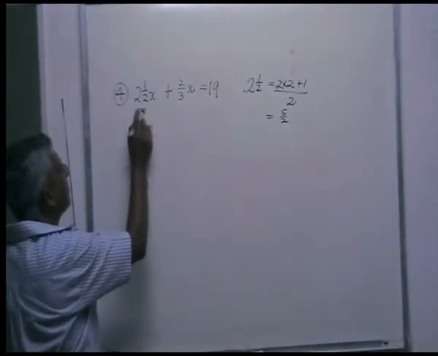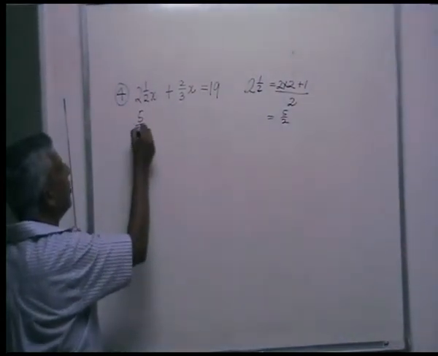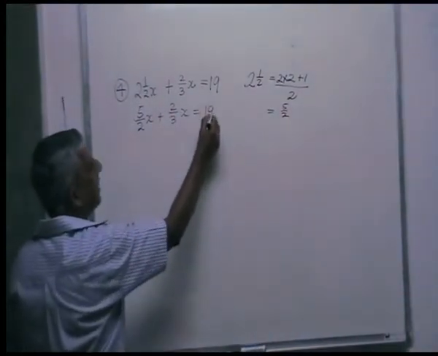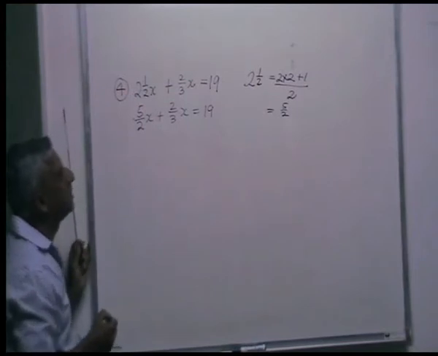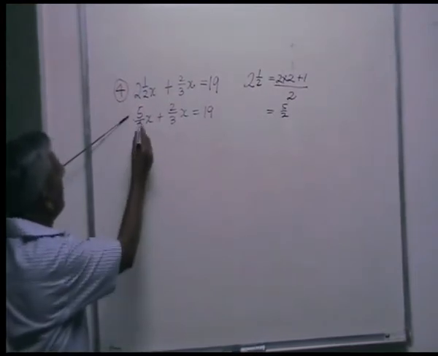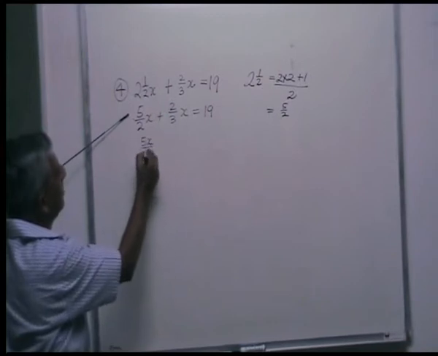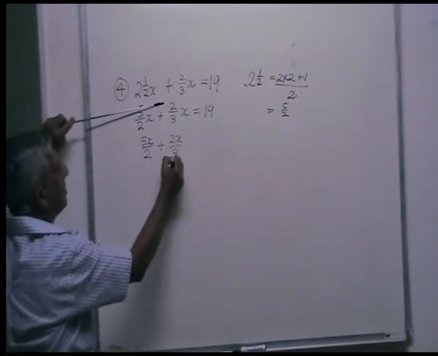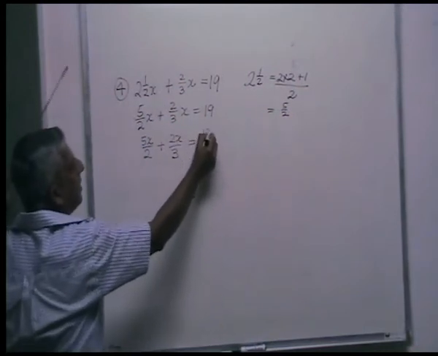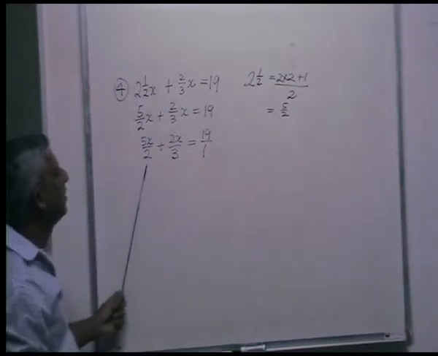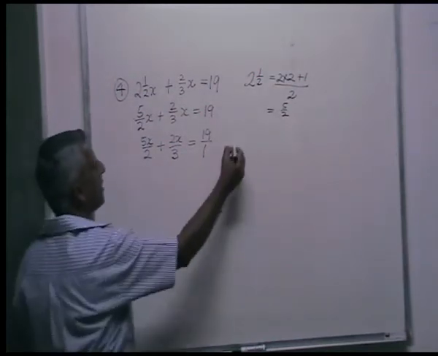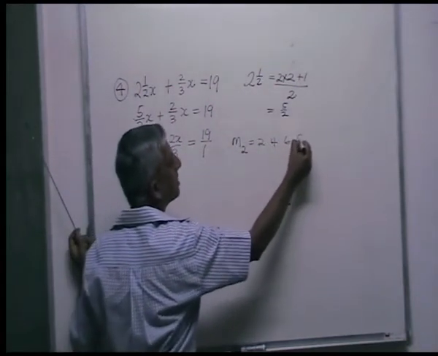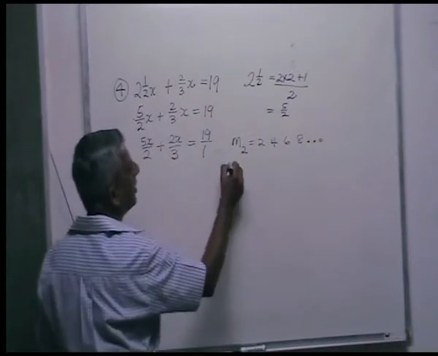So this is 5 over 2x plus 2 over 3x is equal to 19. Alright, so this one will become 5 times x, 5x over 2 plus 2x over 3 is equal to 19 over 1. Once again you want to find the LCM, so you'll say multiples of 2 are 2, 4, 6, 8 and so on.